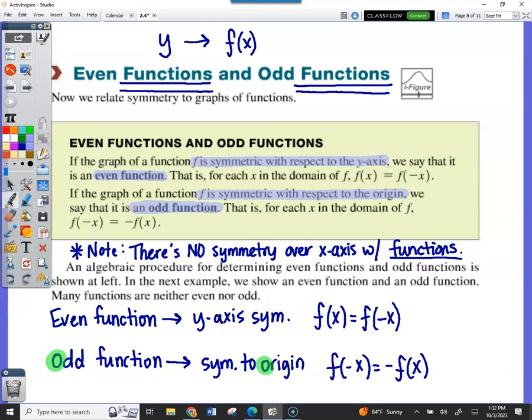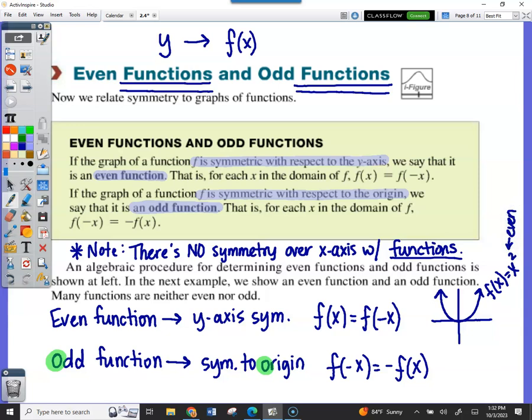Now, how are you going to remember even? I always think of the example of the mother function for quadratics. F of x equals x squared. It is sitting on the origin. It is a quadratic in parabola form. It's perfect, like nothing's been done to it. What do you notice the power is?